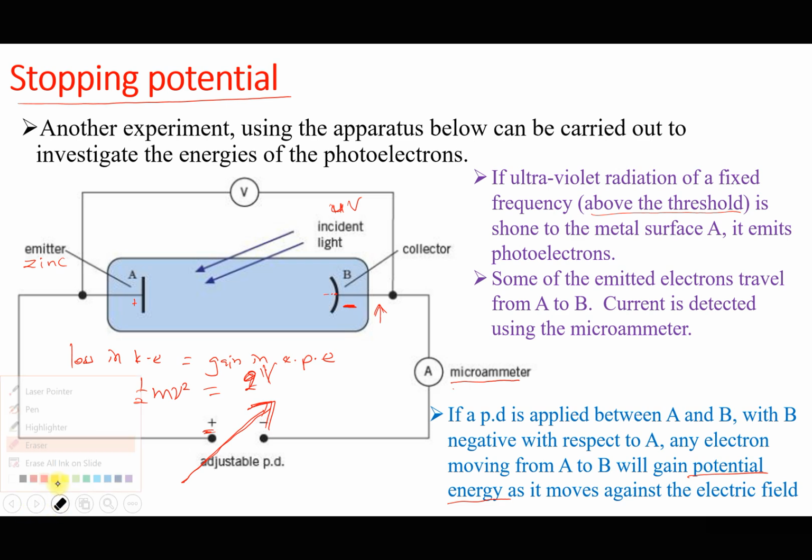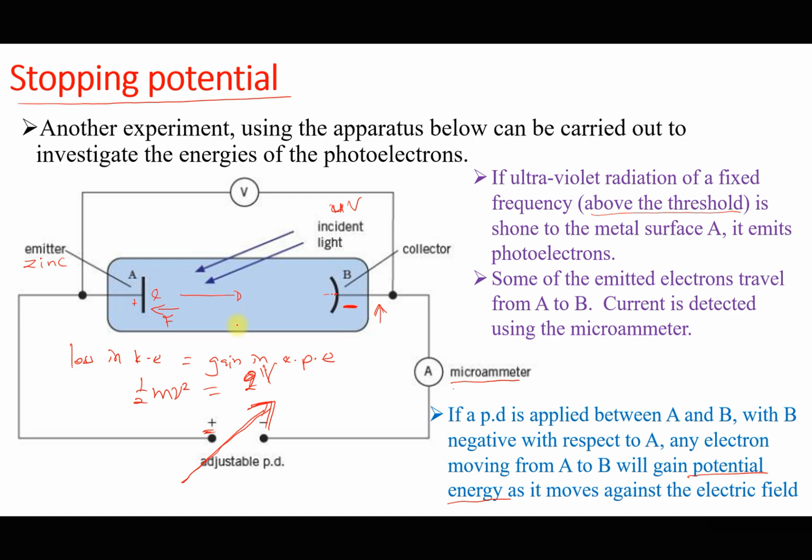But now that they are ejected from the positive plate and moving towards B, they are moving against the field. In other words, electrons are naturally supposed to experience a force in that direction because they are repelled by the negative plate, but the electrons are moving towards B. So it means they are gaining electric potential energy.